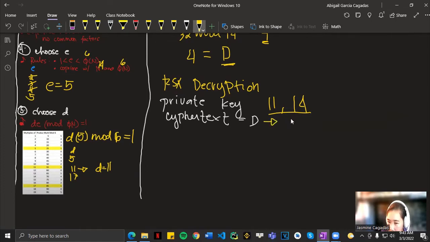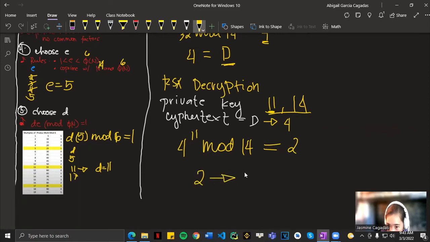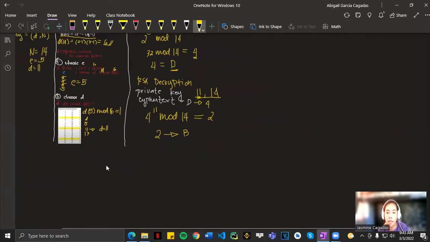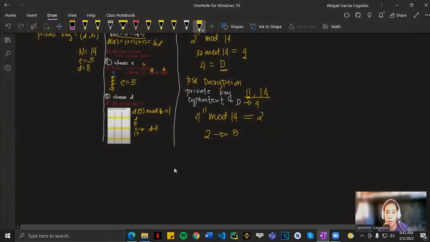So D is the 4th letter of the alphabet, and use that as the base: 4 raised to the decrypt digit, which is 11, and use the RSA modulus, which is 14. If you solve this, it would be 2. So what is the second alphabet? That is letter B. And that's how we use the RSA algorithm for encryption and decryption.